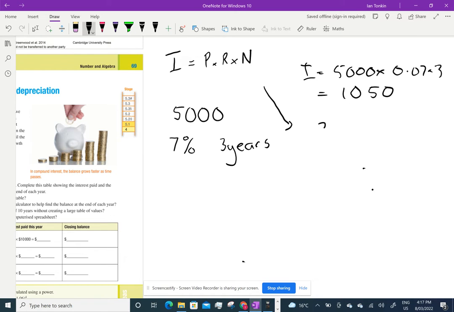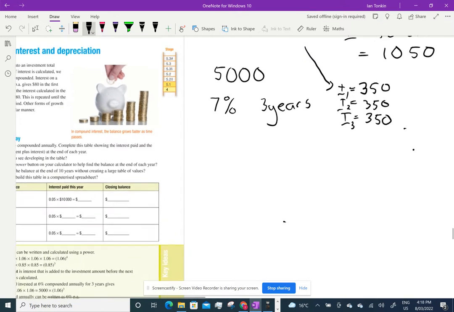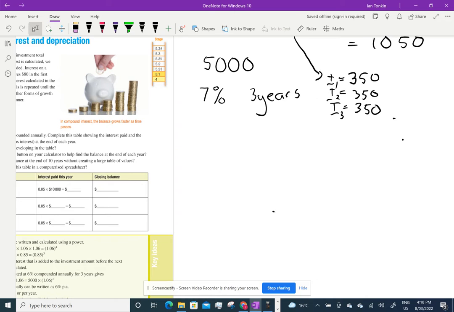So the interest in the first year is 350, the interest in the second year is 350, and the interest in the third year is 350. All that formula does, with the 1, the 2, and the 3, is just add those interests together.